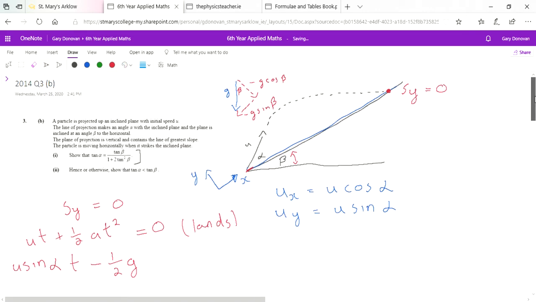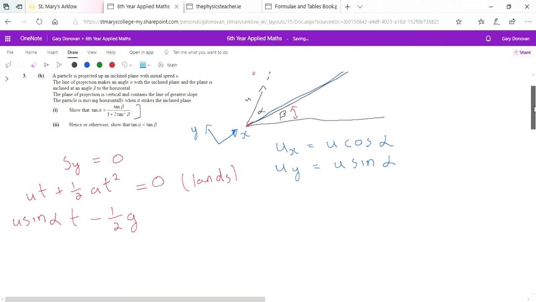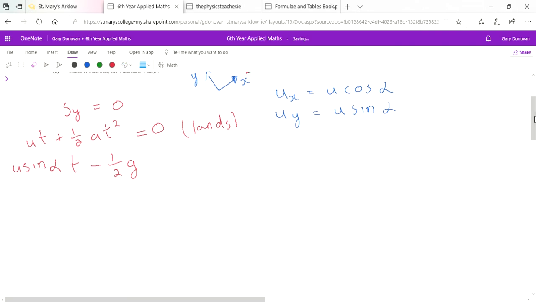If we go back up, g cos beta t squared, and that equals 0. And that minus is there because gravity is working against the projectile. That means u sine alpha t equals a half g cos beta t squared.